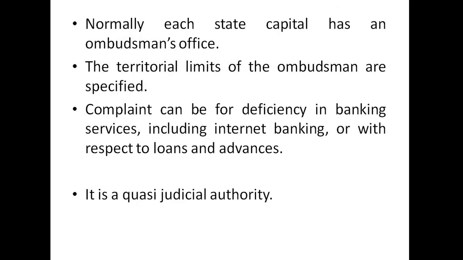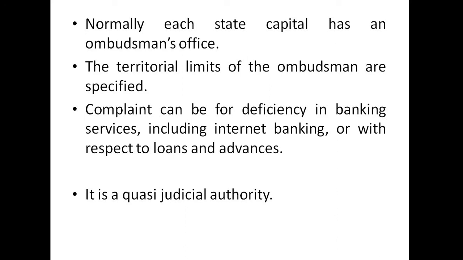Normally, each state capital has an ombudsman's office, and the territorial limits of the ombudsman are specified. The complaint that can be raised before the ombudsman could be for deficiency in banking services, including internet banking, or with respect to loans and advances.